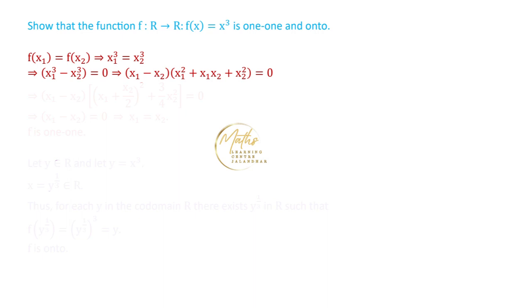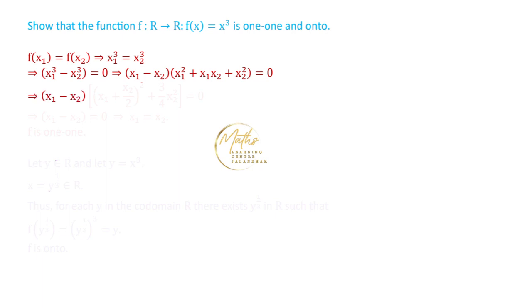Now look at this term over here: x1 square, x1 x2 and x2 square. If we complete the square corresponding to these terms, we have the first term x1 minus x2.